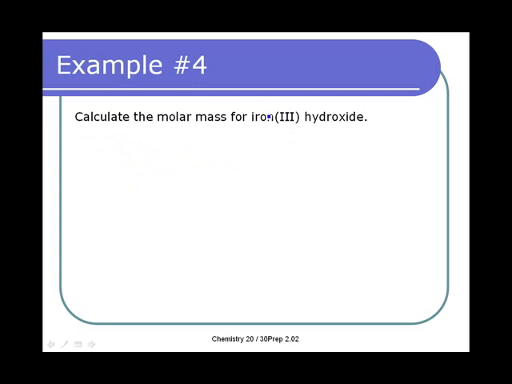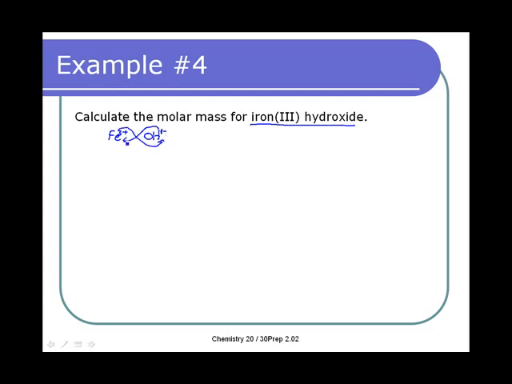And so we have one more here. Here they haven't given us the formula, so we have to figure it out. It's iron 3 hydroxide is the name. So we know it's an iron 3, so it's Fe 3 plus, and it's bonded to hydroxides. And if you take a look at your table of common polyatomic ions, hydroxide is OH. It has a negative charge, and then to find our formula, we just take the charge and put it as the subscript to the other atom, or the number from the charge.